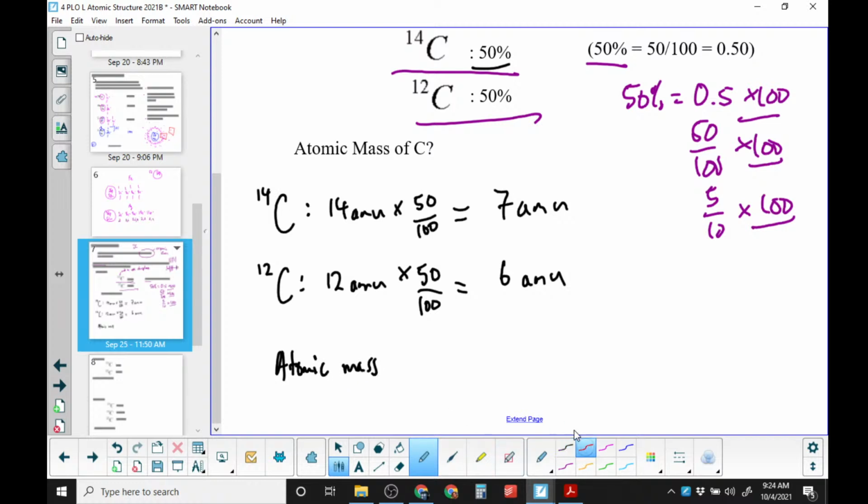The atomic mass, the average. Remember, these are mass numbers. That's the average, so we're now dealing with the atomic mass. You just add up the percentages.